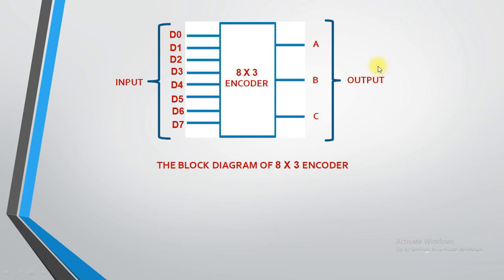Now, are you able to draw the truth table by yourself? In the input column, you need to write the 8 combinations D0, D1, D2 up to D7. After that 1, 1, 1, because only one input line is activated for a given output.